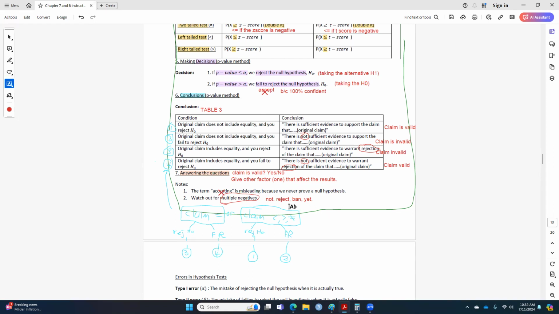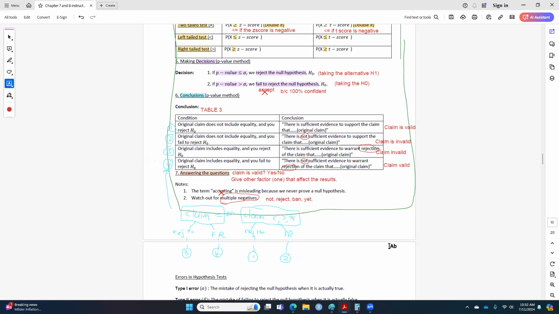The more you have, it's like multiplying negatives. If 1 is negative, 2 negatives become positive, 3 negatives are negative again, and if you have 4 negative words, it will become positive. So these are the negative words you need to watch out for; there are more. So be careful with this.